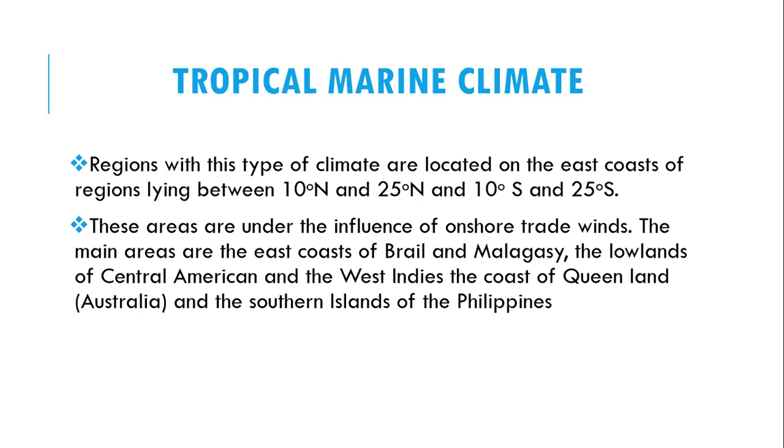The main areas are the east coast of Brazil and Malagasy, the lowlands of Central America, and the West Indies, the coast of Queensland in Australia, and the southern islands of the Philippines, as we saw in the other map from the other pages before.